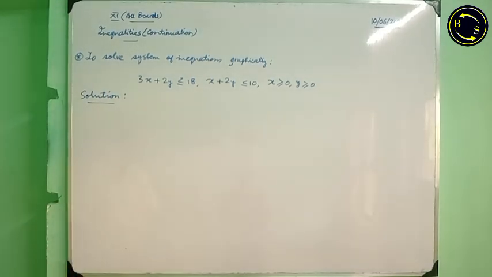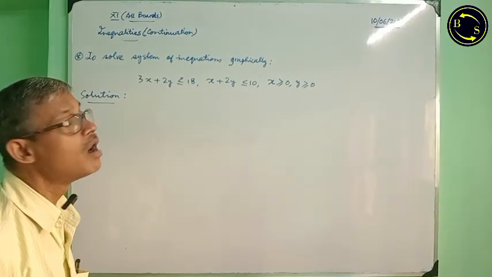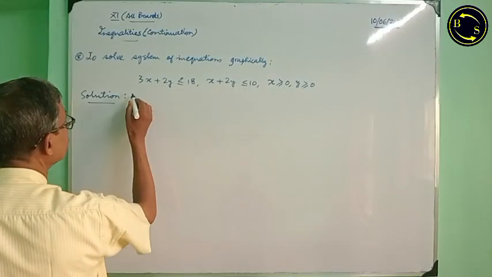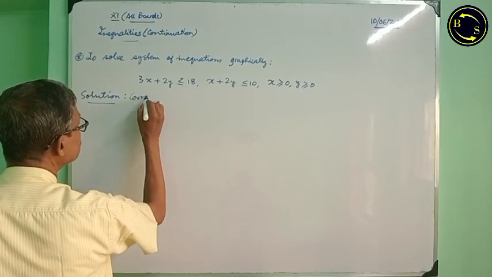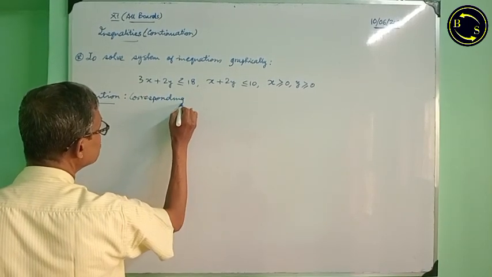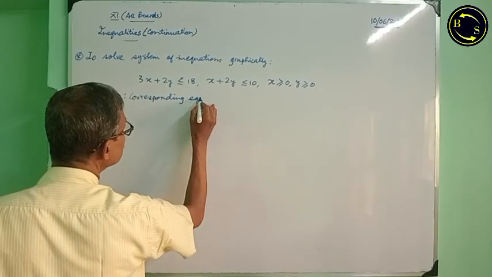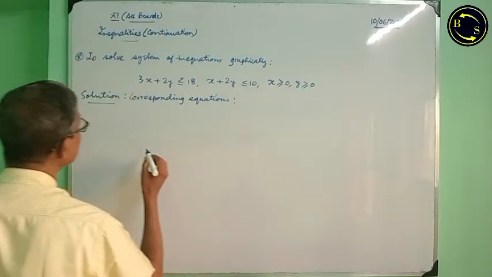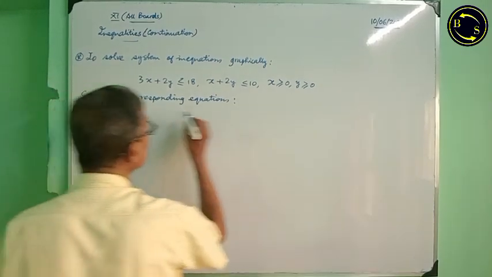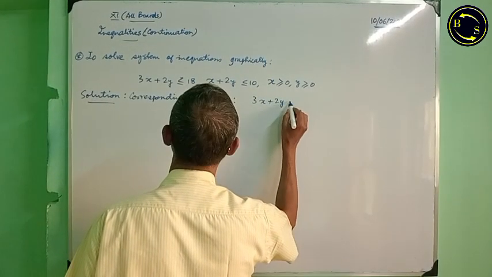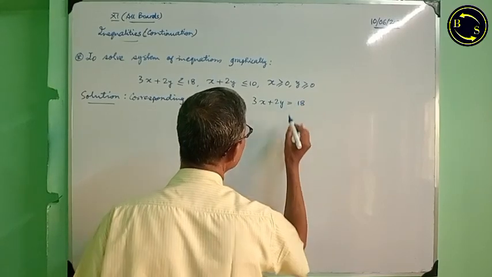First we shall write the corresponding equations of these inequations. 3x plus 2y is equal to 18.